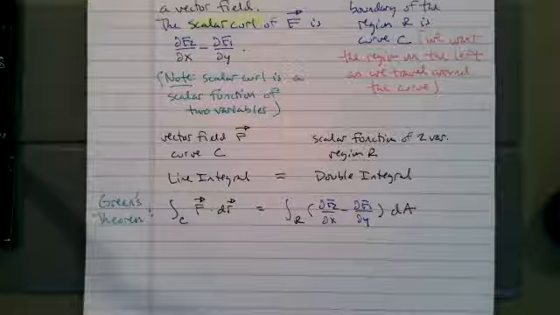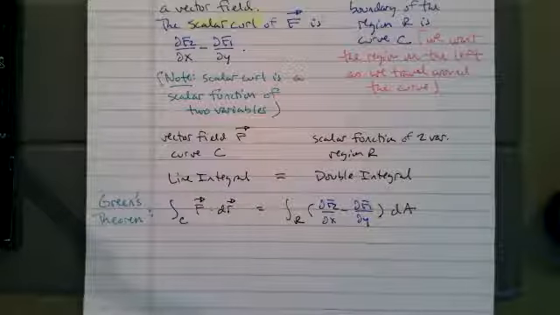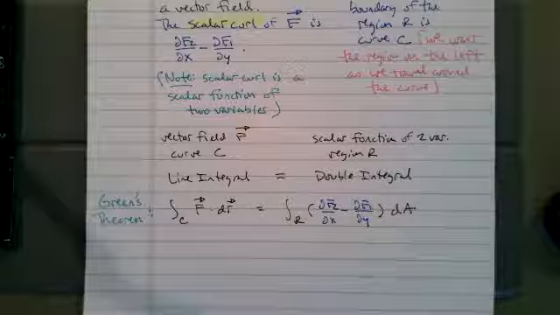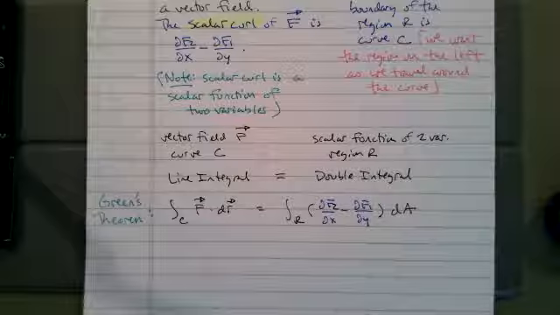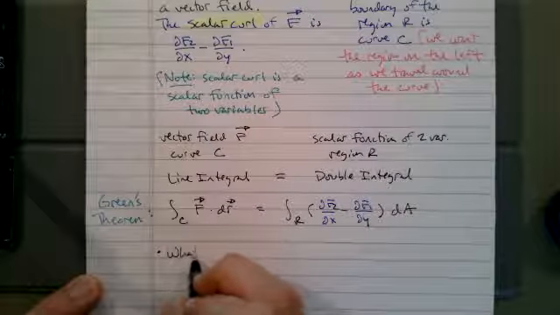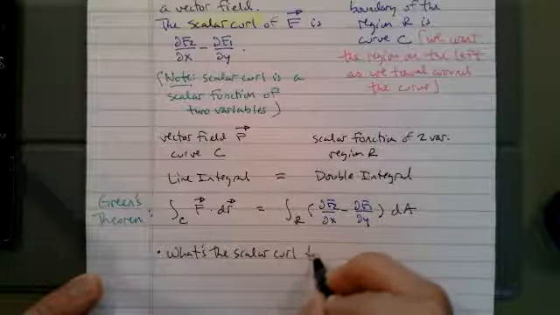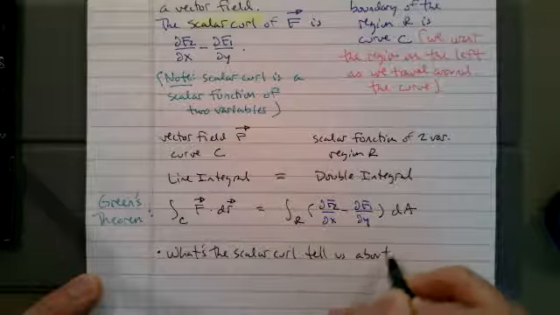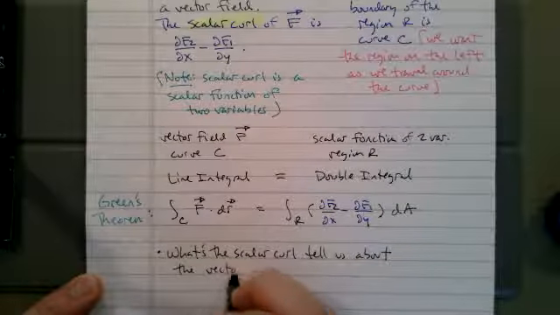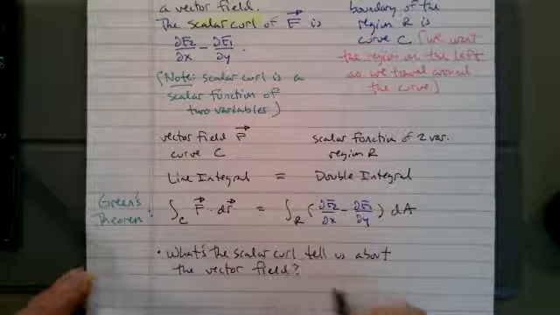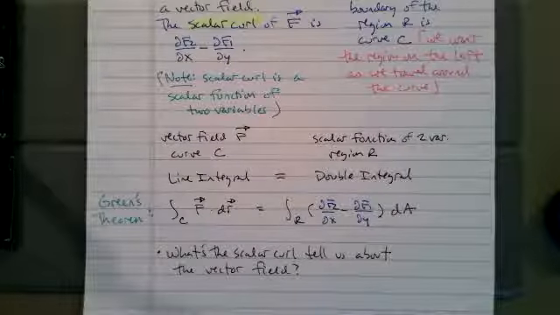So what do we need to do now, besides some examples and to point out some important conclusions to draw from this? We need to figure out what this scalar curl is telling us about the vector field. So that's something certainly that we should put on the agenda. What's the scalar curl tell us about the vector field?